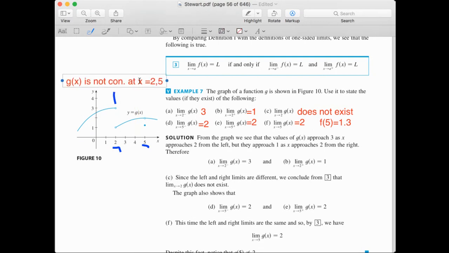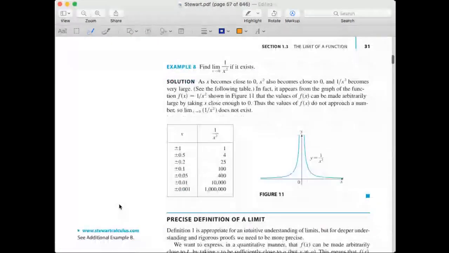Those two values of x, 2 and 5, give some trouble, right? At 2, the function is not continuous. At 5, the function is not continuous. All right, any questions? Okay, if no question, we keep going.